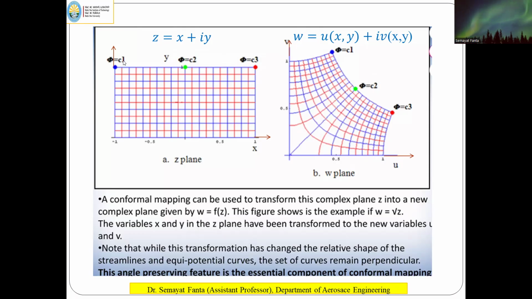For example, curves in the XY plane are all straight here, but in the W plane the curves are curved shapes, which are equipotential, and the sets of curves still remain perpendicular. So this angle-preserving feature is an essential component of conformal mapping.